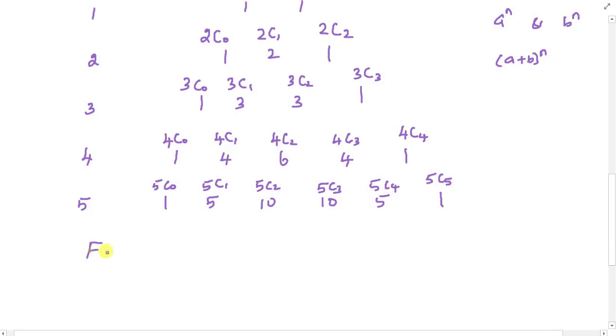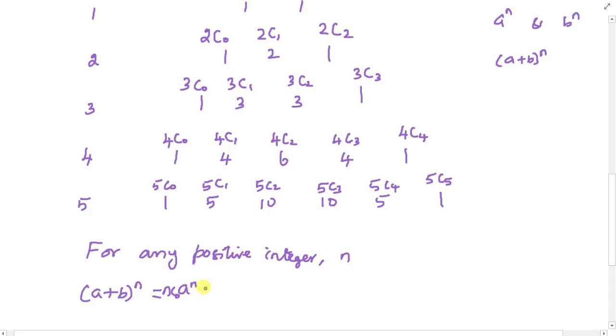For any positive integer n, (a + b) whole power n is given as a power n, and its coefficient is nC0, plus next coefficient is nC1, a power n minus 1.